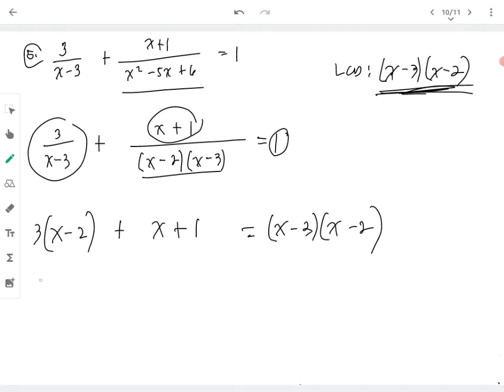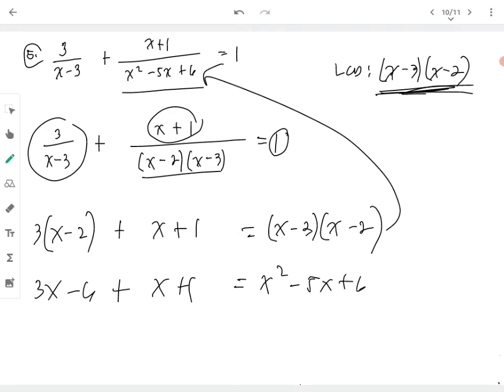So let's try to simplify further. 3x minus 6 plus x plus 1, and we have x squared minus 5x plus 6, because this is just that one when you factor it. Okay, then let's simplify here. 3x and x, you'll have 4x, negative 6 and plus 1, you have minus 5 equals x squared minus 5x plus 6.